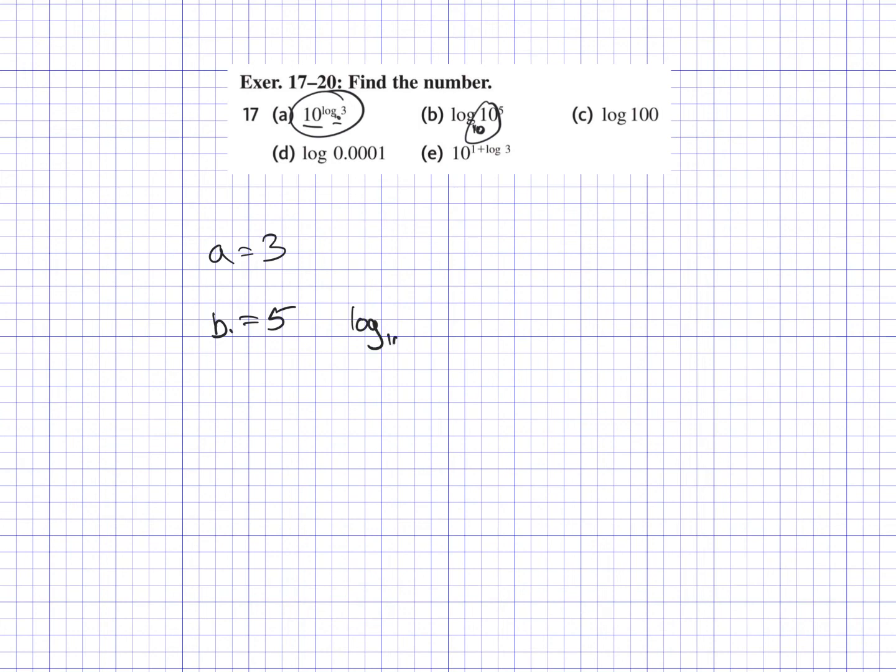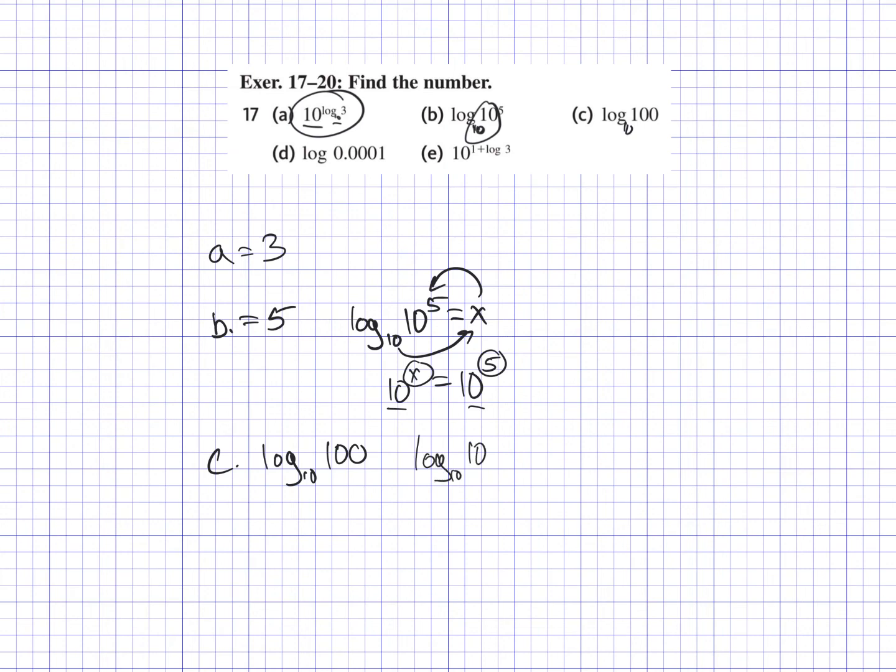Log base 10 of 10 to the 5th is equal to some number. Change it to exponential. The base raised to the answer is equal to what you're taking the logarithm of. So if the bases are the same, it's the exponent that is the answer. All right, see? Now you have log base 10 of 100, but that's the same thing as log base 10 of 10 squared. 10 squared is 100, and now those are the same. The answer is 2.